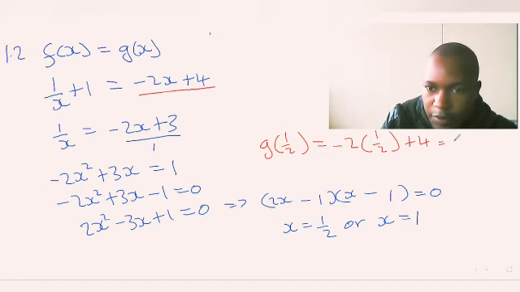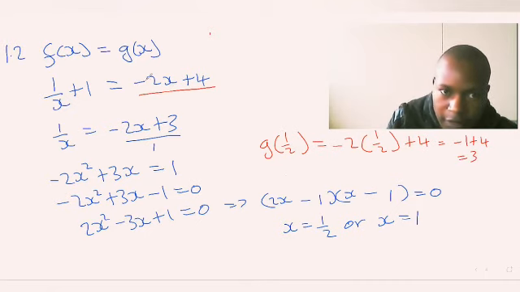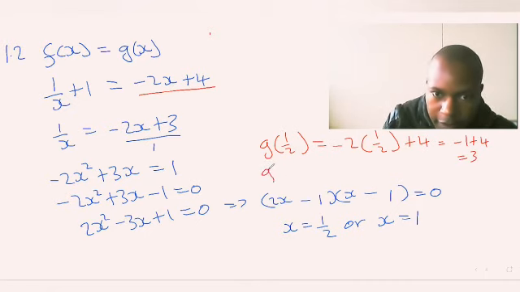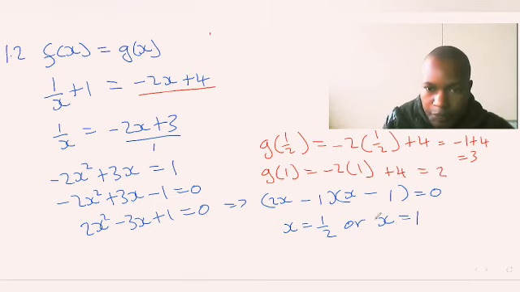So this would be -1 plus 4, which equals 3. We can do the same thing with g of 1, which equals -2 times 1 plus 4, and this is equal to 2. So we have a half is to 3, as well as 1 is to 2.